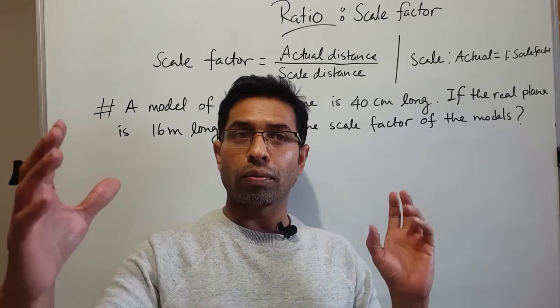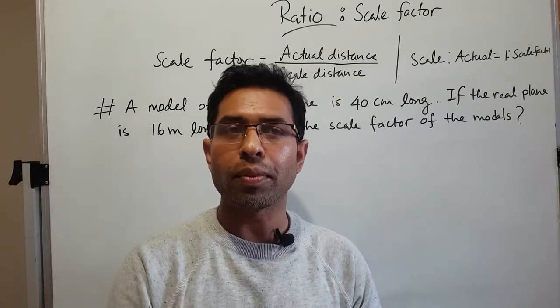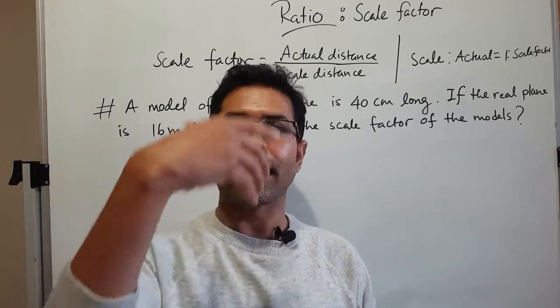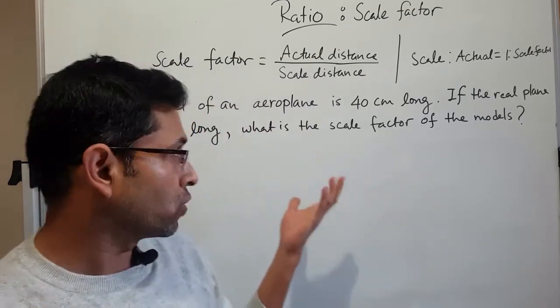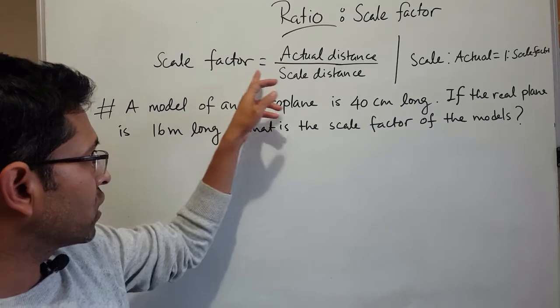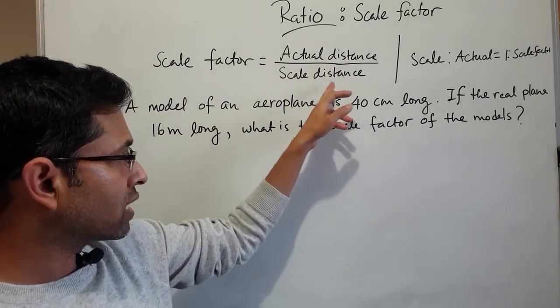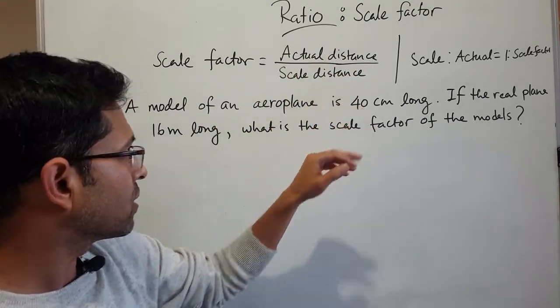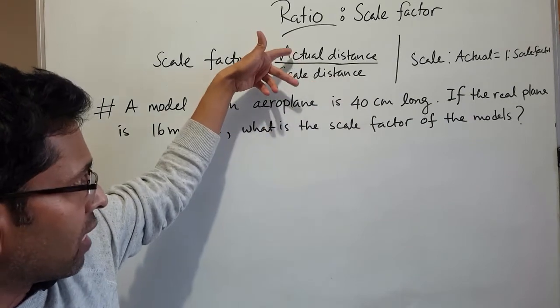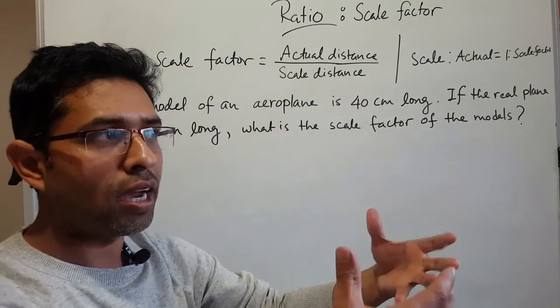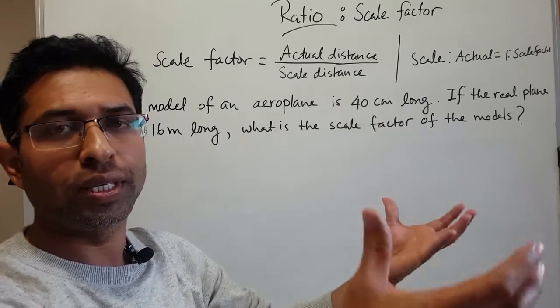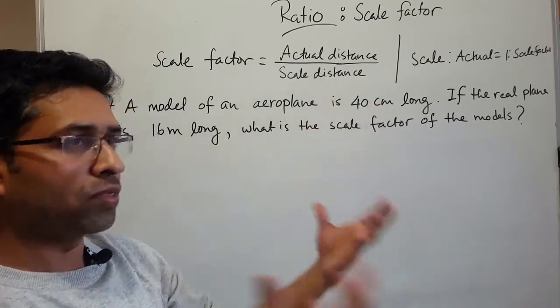So how many times we are making it smaller than the actual distance to fit into a map, that's called the scale factor. So we can write down the scale factor equal to the actual distance over the scale distance, or drawing distance. That result will give us the number of how many times the real distance is more than the map distance.